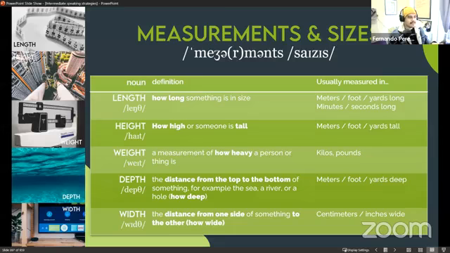On this slide, you can see vocabulary about measurements: length, height, weight, depth, and width. And you can see examples here. Please screenshot. Very relevant for this lesson.